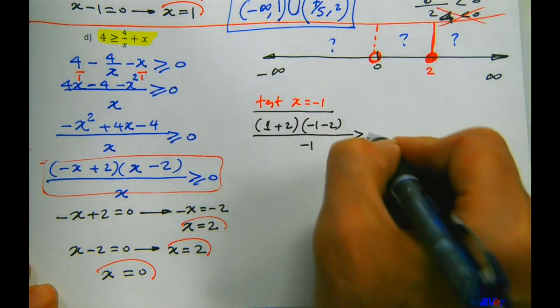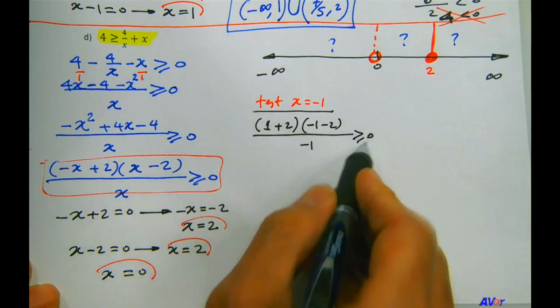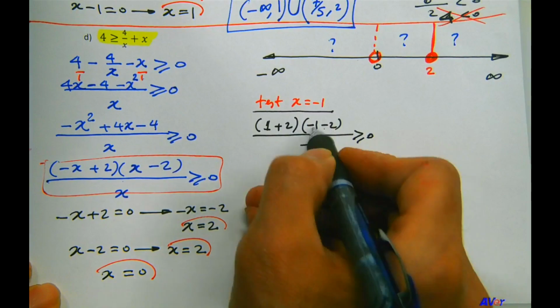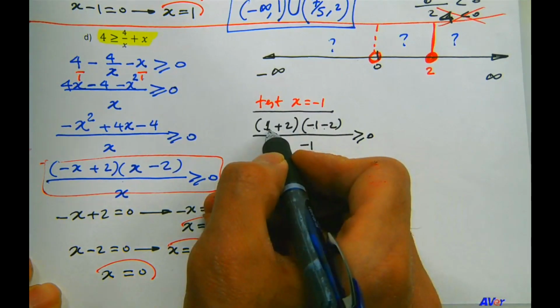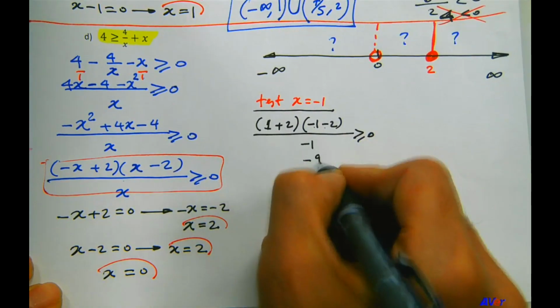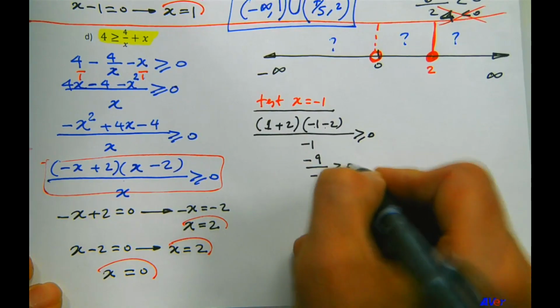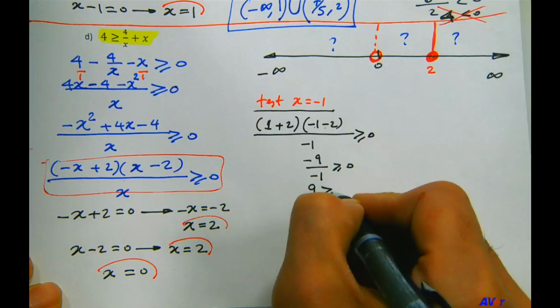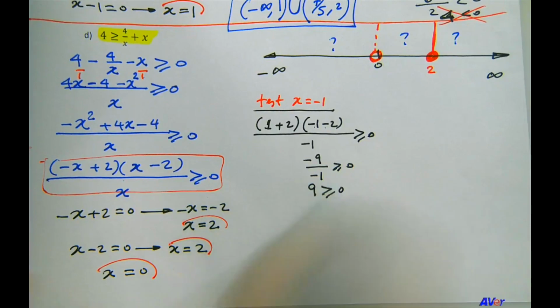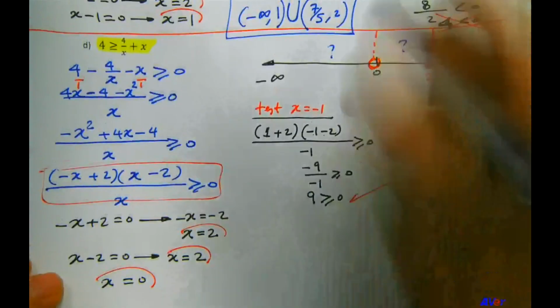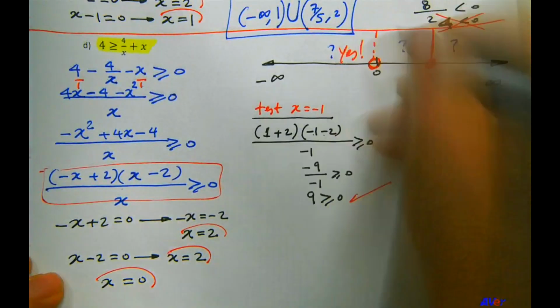We're asking if that left side is greater than or equal to 0. So we have minus 3 here times positive 3, that's minus 9, divided by minus 1, greater than or equal to 0, or 9 greater than or equal to 0. Is this a valid result? Yes, that's a valid result. So this region is part of the final solution.